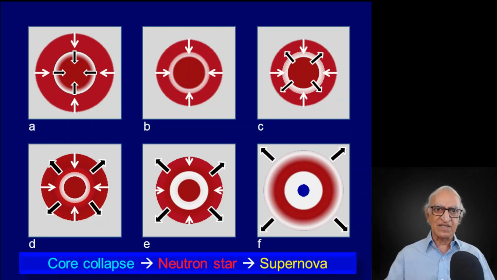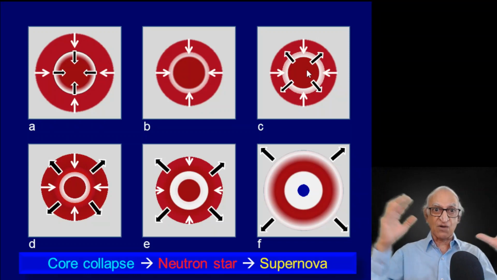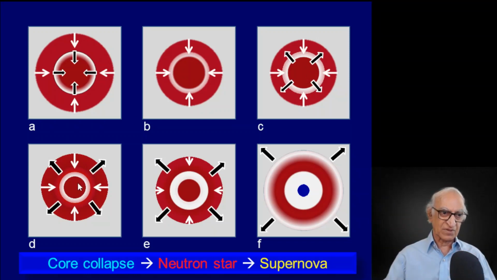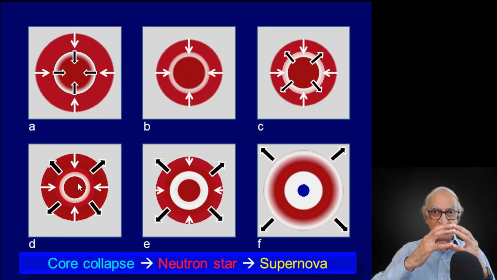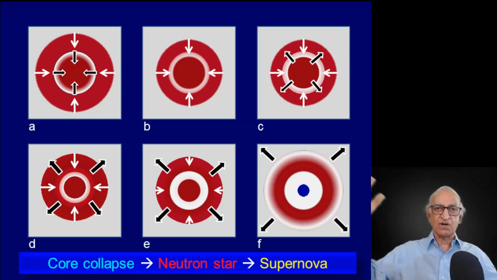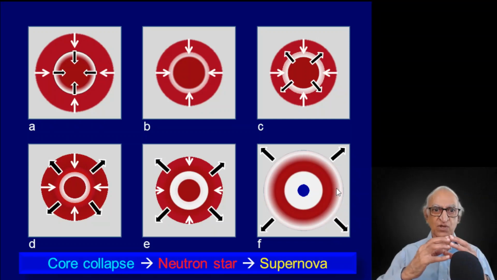Even as the inner portion of the core bounces back, it finds the outer portions of the core still falling in freely. Therefore, the rebounding inner core meets the infalling outer core and drives it outwards. And in the process, a shock wave is created. And what one believed for 30, 40 years is that this shock wave blows apart the star.